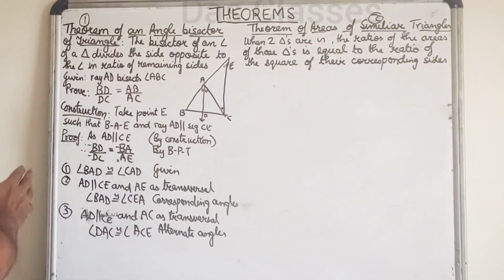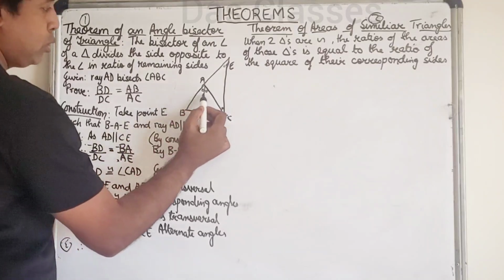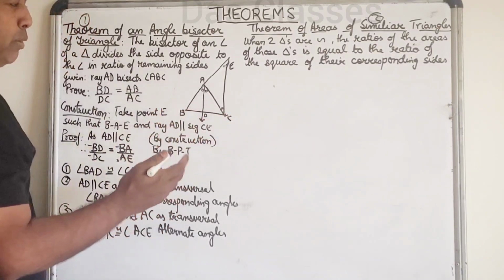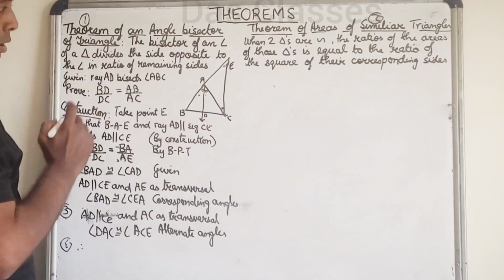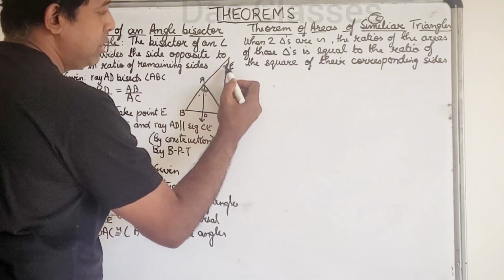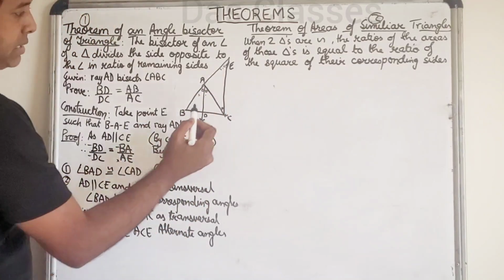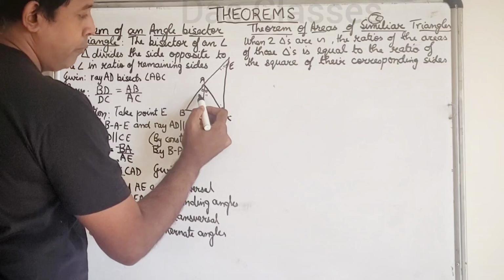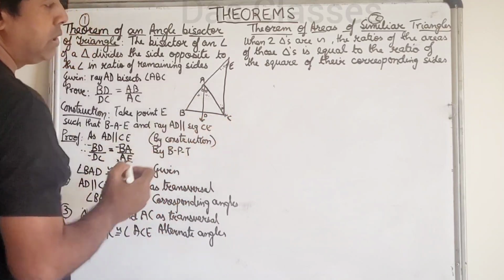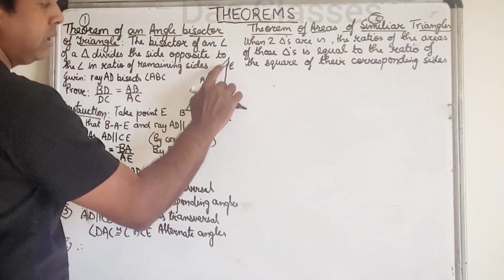From these three statements, first we wrote these two angles are equal. Let's take some value: if this is 30 degrees, this should also be 30 degrees. In the second step, this angle is equal to this angle, so it should be 30. In the third step, this angle is equal to this, so it should be 30. So from these three statements, these two angles are equal.